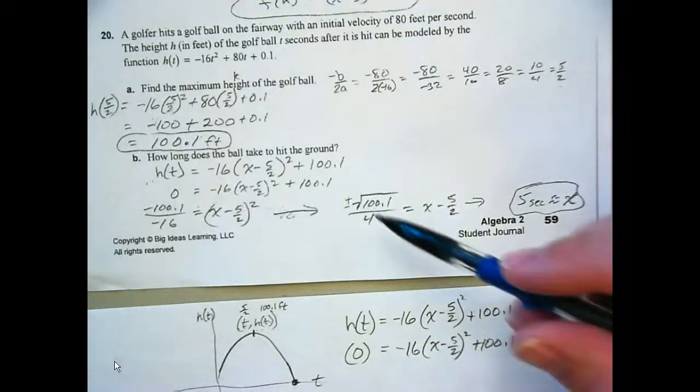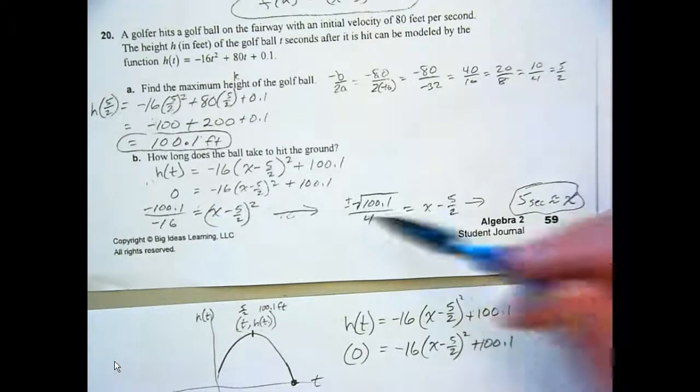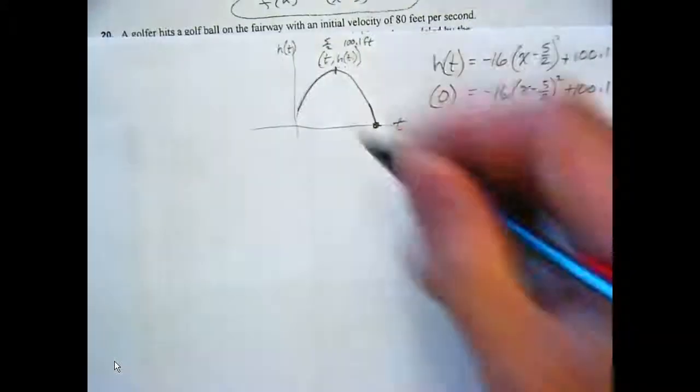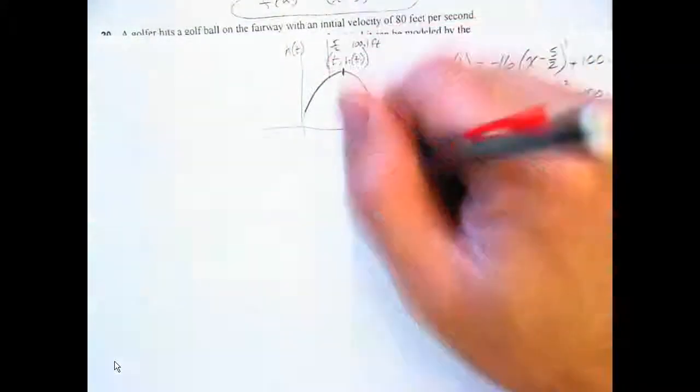Notice I don't have the plus minus. Like there's one of those that isn't going to work out, right? You can't have a negative time. Okay, so my picture here probably isn't accurate. I should have my vertex over, or my h of t axis over a bit, but that's okay. All right.